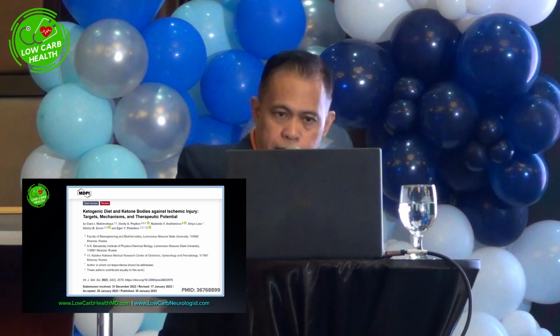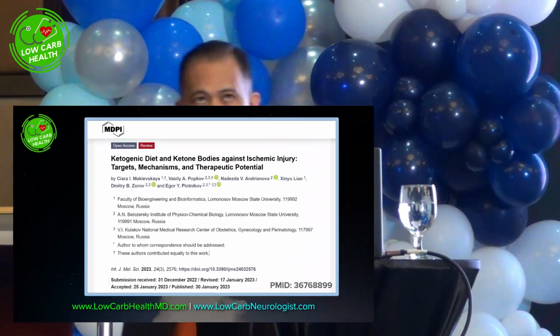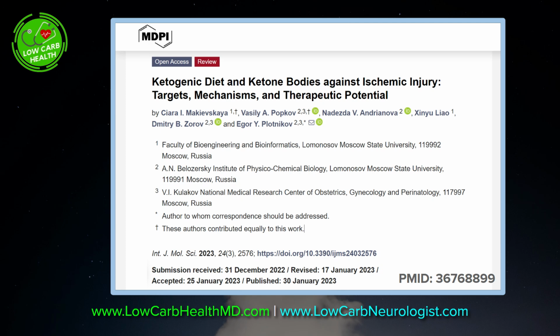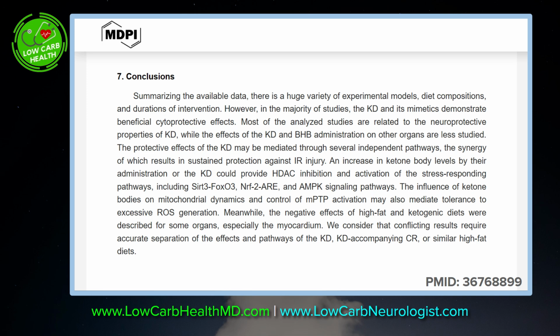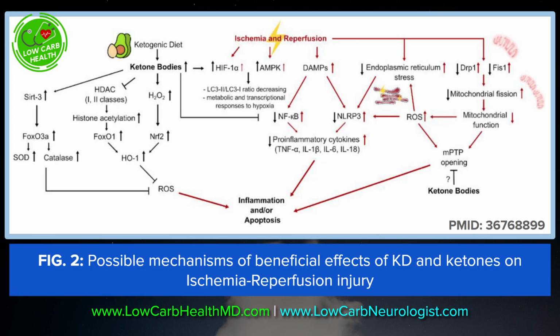In this particular paper, it discusses ketogenic diet and ketone bodies against ischemia and reperfusion injury, like ischemic stroke. I won't go into the details of this because these are all biochemistry, just words. I would like to show you this figure here. Ketone bodies, especially in ischemic stroke where there is ischemia and reperfusion, other presenters have already mentioned this pathway before, including many other presenters yesterday.